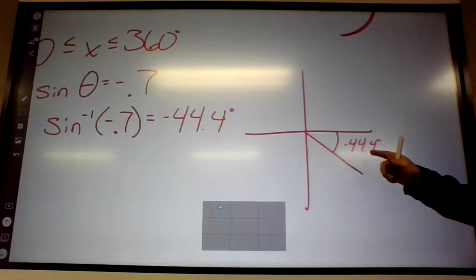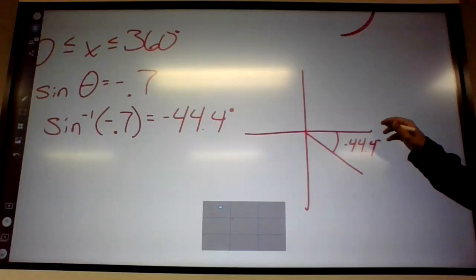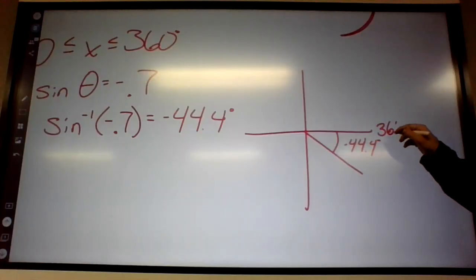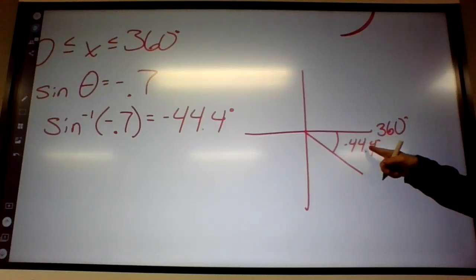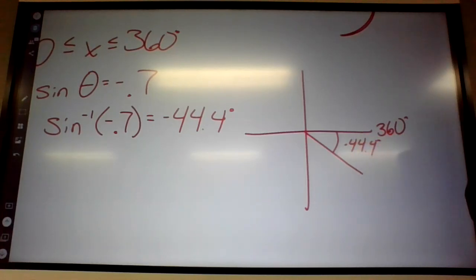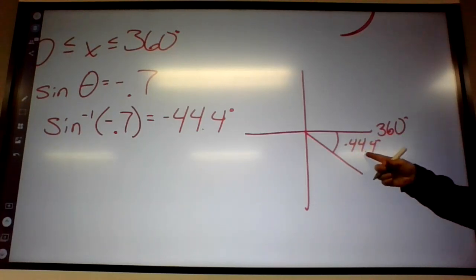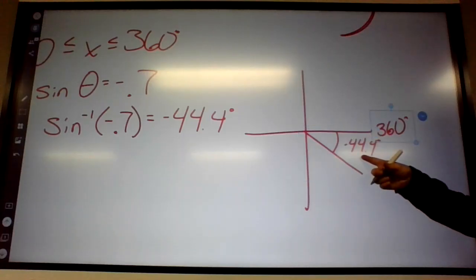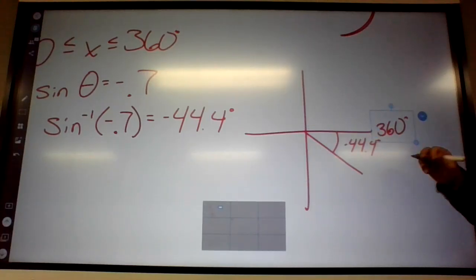So what's our fourth quadrant angle? 44.4 is basically our reference angle. That's how far we are from the x-axis. So what's the fourth quadrant angle that stops at this same spot? Just do 360 minus 44.4. So that would be 315.6.